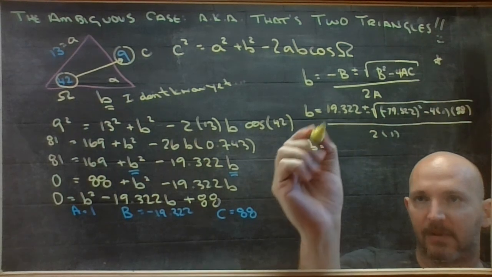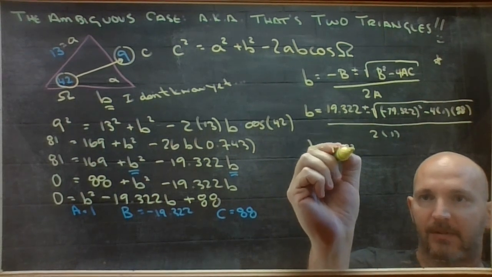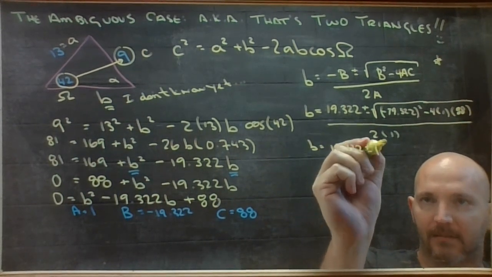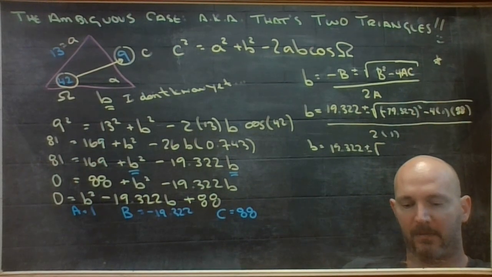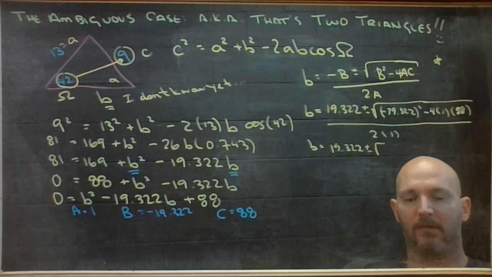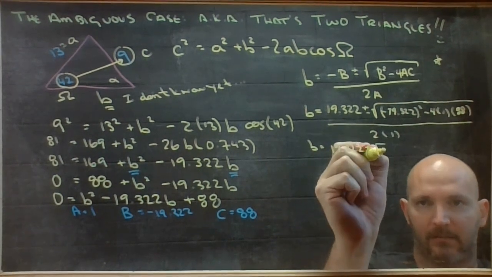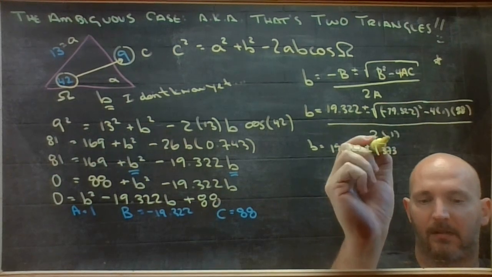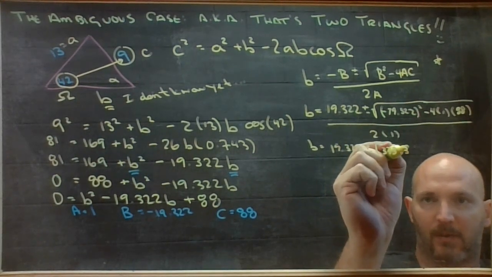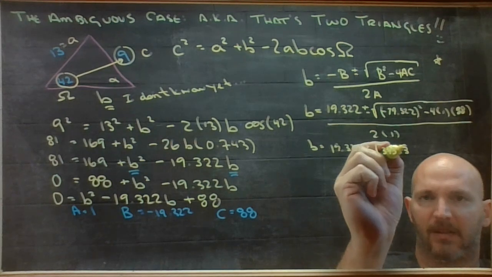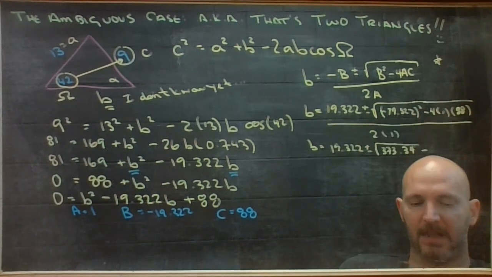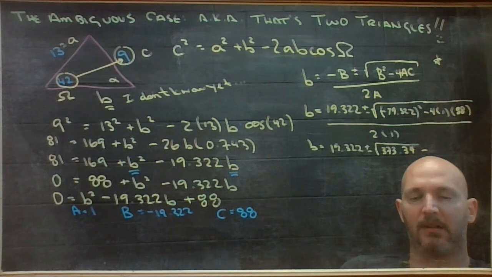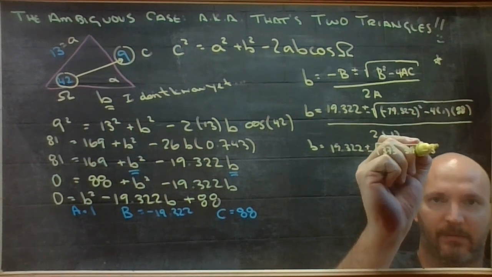Okay, so 19.322 plus or minus, 19.322 squared is 373.34, or 373.34 if I round it. 4 times 88 times 1 is 352.